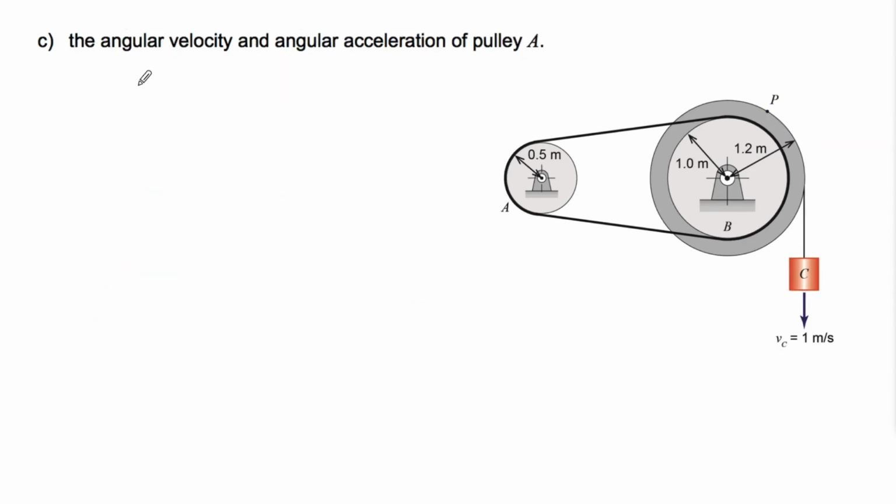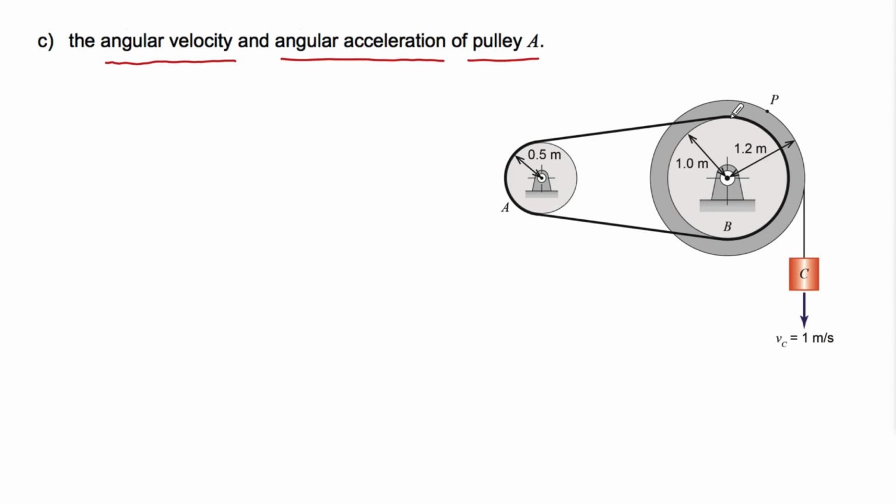Let's focus on part C. We are looking for the angular velocity and angular acceleration of pulley A, this pulley. Before we answer this question, we should know that all points on this belt have the same velocity, and also the same acceleration.